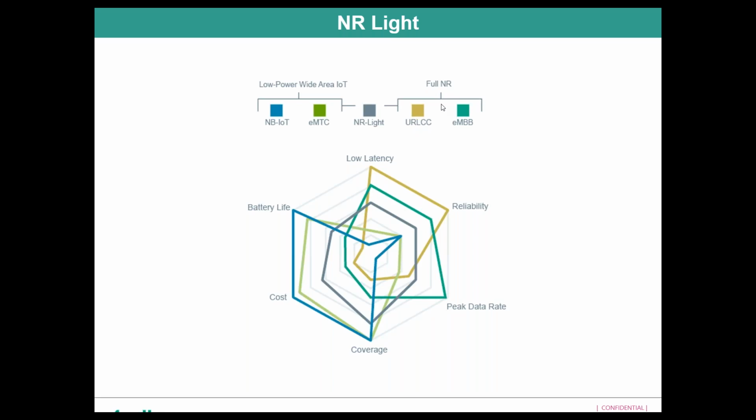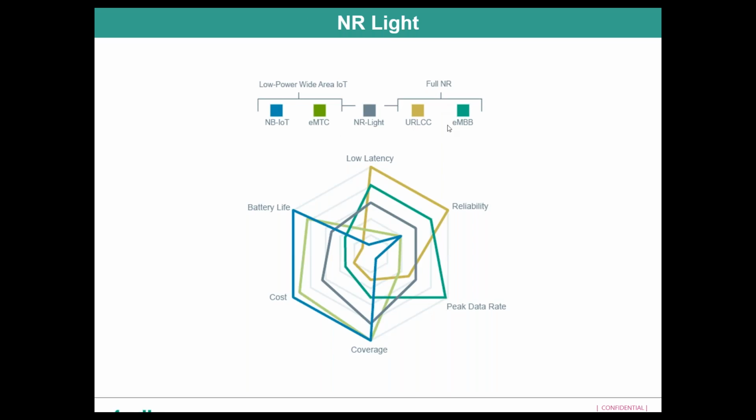It's basically a mix, a balance between the low power wide area devices, which were in LTE, versus the full devices, right? Examples of these devices could be your wearables, smartwatches, health services, medical monitoring, which don't really require a lot of throughput. They may require decent coverage, but very low cost, very high battery life.